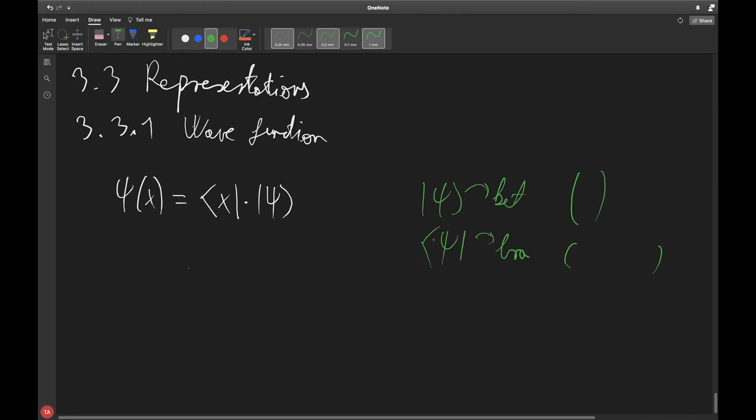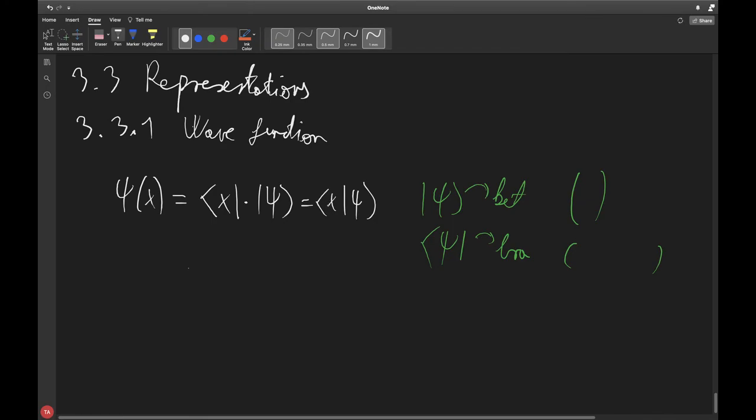And then we can just get rid of this part and just denote this as x, one vertical line, psi. So that is the wave function. It's when we have the state, and then we have this vector denoting the position.